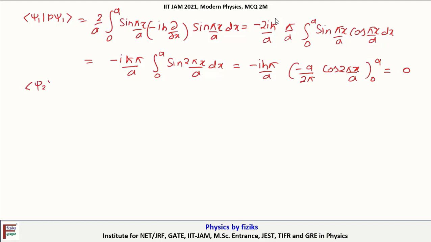Similarly, psi 2 P psi 2 is equal to 0. That means average p is equal to 0.